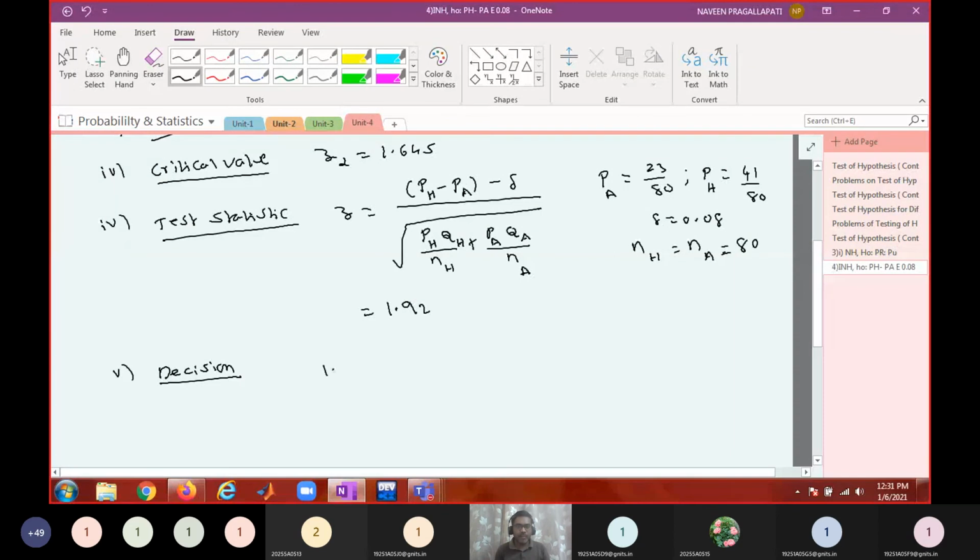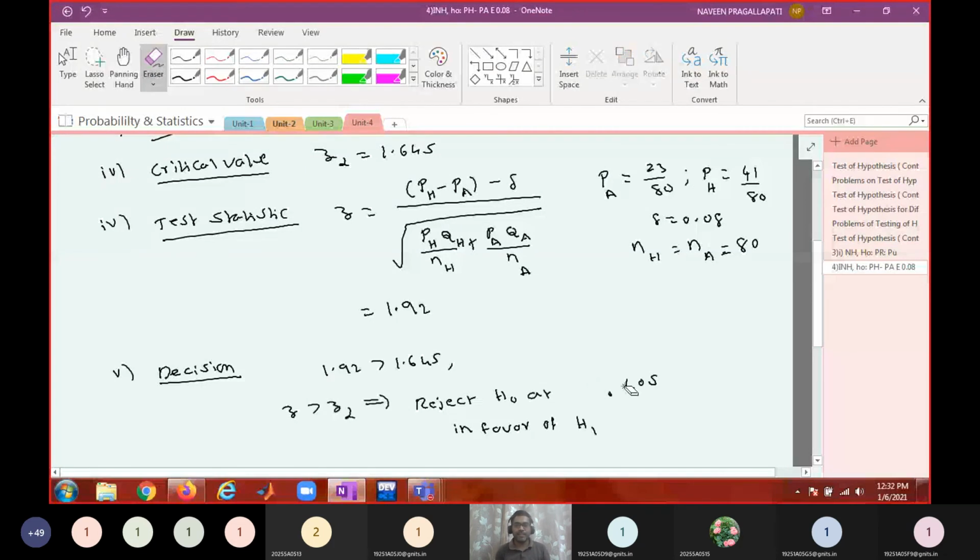Since 1.92 is greater than 1.645, Z greater than Z alpha implies reject H naught at 5% level of significance in favor of H1.